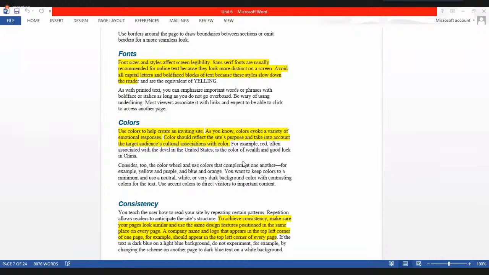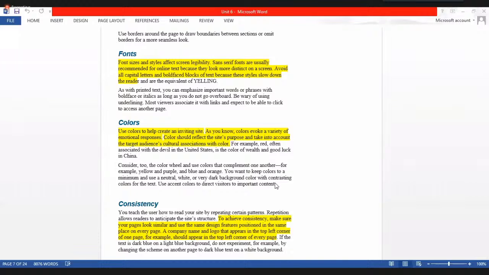For example, here, red. If you use red color, actually red is associated with the devil in the United States. But the same color, red, is the color of wealth and good luck in China.